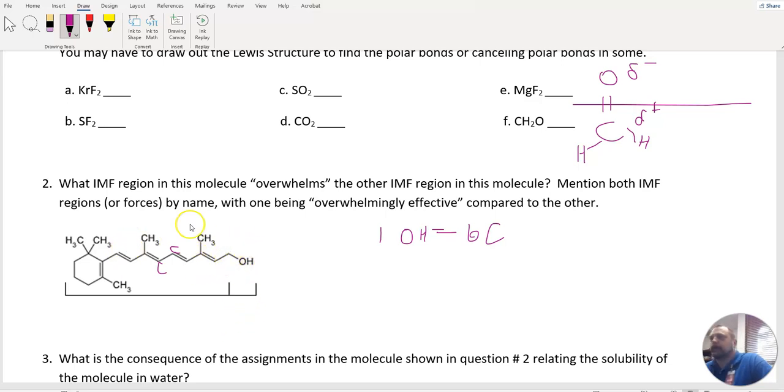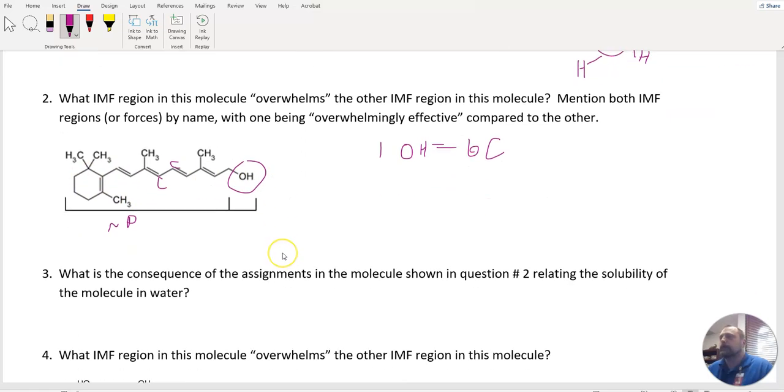And so this is dominated by the nonpolar section, which would be hydrophobic. And then we have the hydrophilic section here, which is going to be our polar section, and also does hydrogen bonding. So this one we expect to go into fat soluble because it's mostly non-polar.